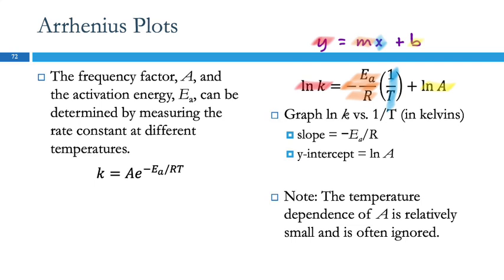So we have Excel, or whatever program you use, find the best straight line fit to that, and it'll give us an equation. And from that equation, we can find EA from the slope, and we can find A from the intercept.